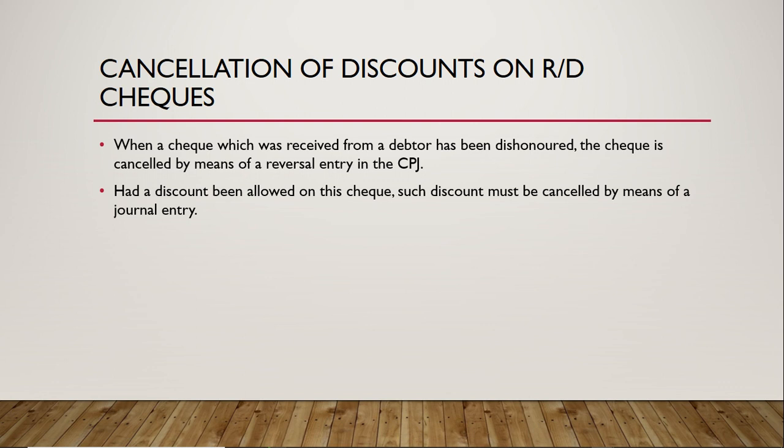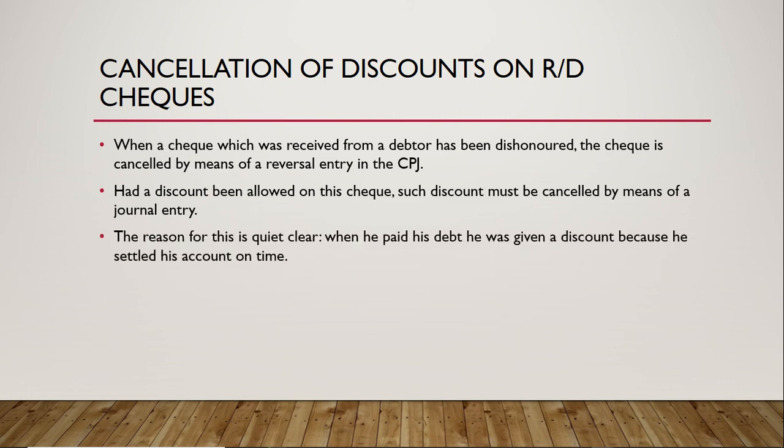The discount of 500 Rand, since it doesn't have a column in the CPJ, will be cancelled in what we refer to as the general journal. Right now, it's just theory. It'll actually be easier when we do it with calculations.